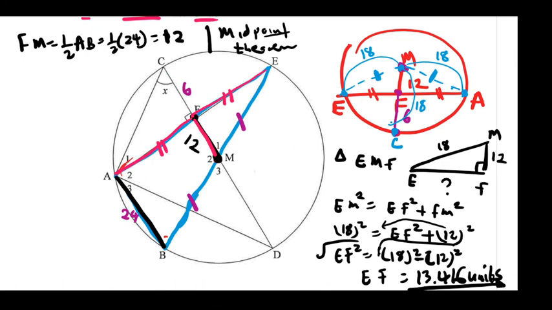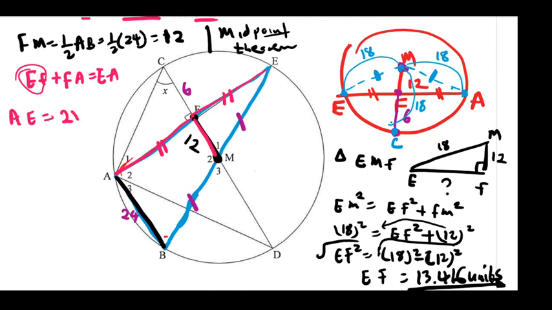And then now, EF plus FA is equal to EA or AE, right? So why not multiply this EF by 2 to get EA or AE?